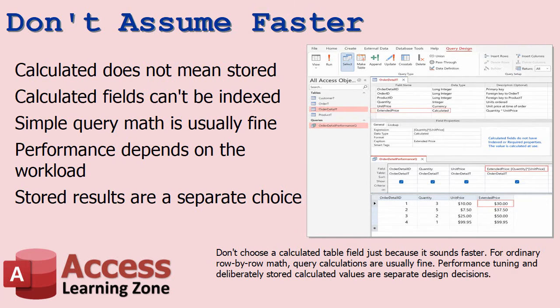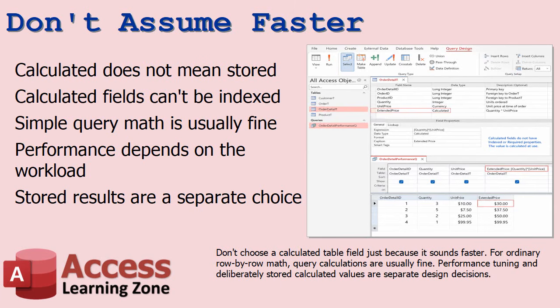Now Access can just read that one value instead of adding up thousands of records every time. All right, that's called denormalization. And I've actually got a whole separate video on when you want to do that. I'll give you a link in just a minute. And sometimes we do denormalize our tables deliberately for performance, but that's still a normal data field. It's a normal stored field. It's not the calculated data type that we're talking about here.